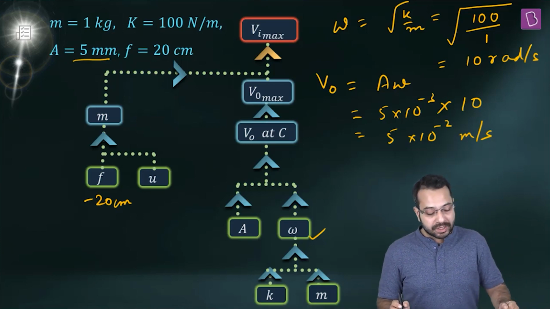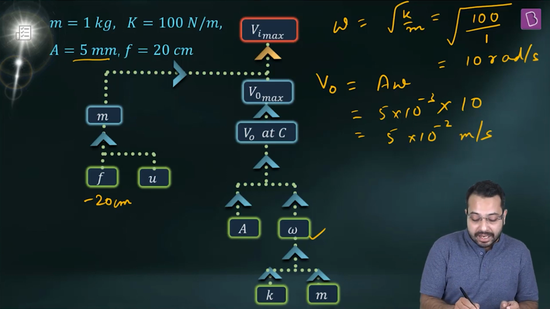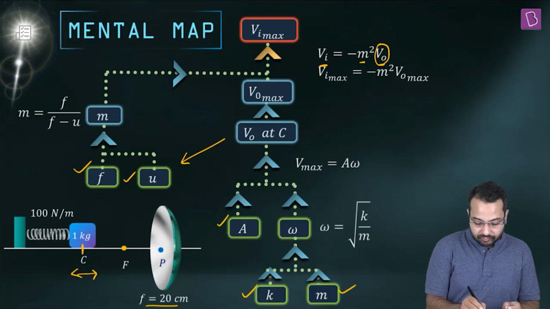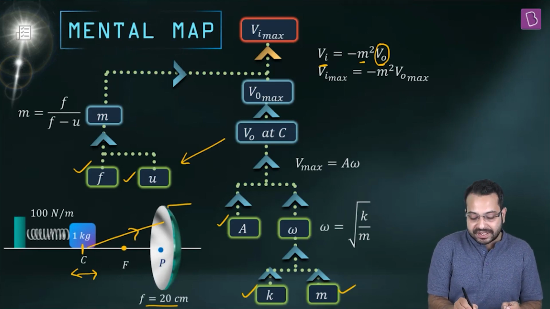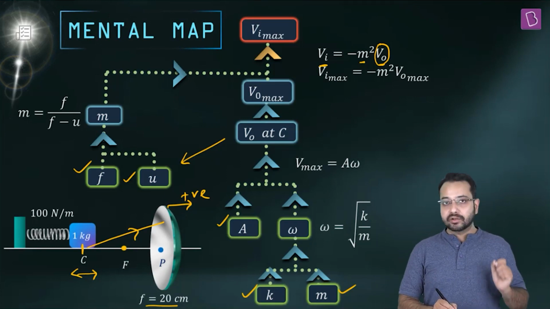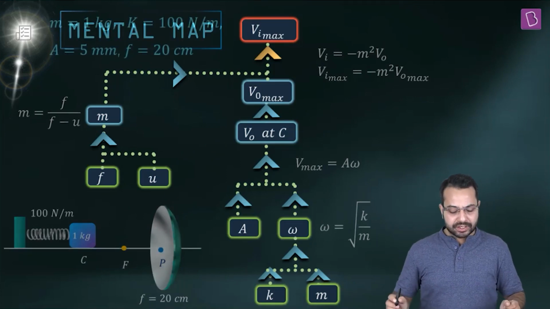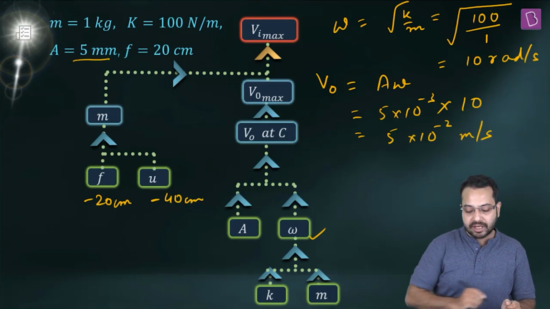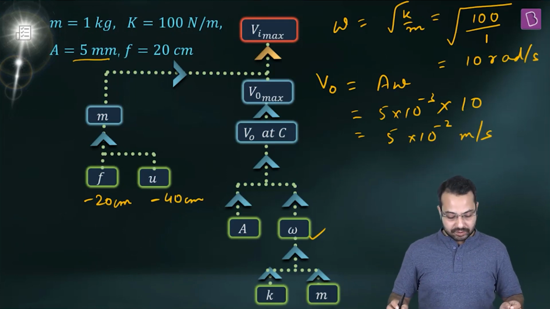And if we take the sign convention, the direction of incident light, we are going to take it as positive. If we stick to this sign convention, which is what we generally use, then the object distance is going to come out to be negative 40 centimeter.